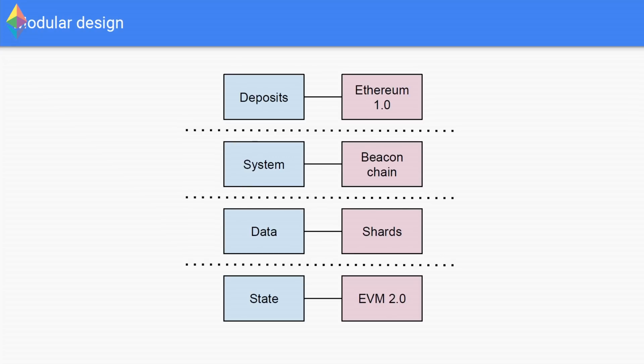So this, at a high level, is the layers of the design. We have 4 layers. And it's quite nice because it's very modular. So at the top, we have Ethereum 1.0, the legacy chain, the chain as it exists right now, and we use it for deposits. So to become a validator, you'll make a 32 ETH deposit.